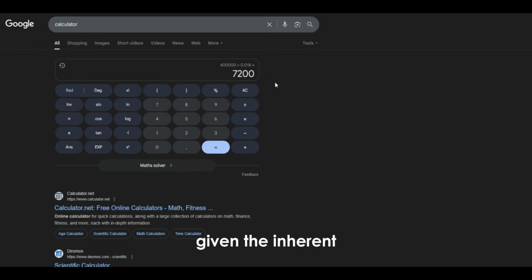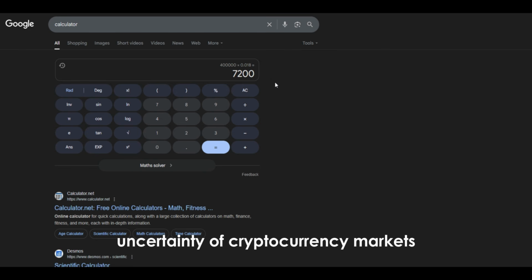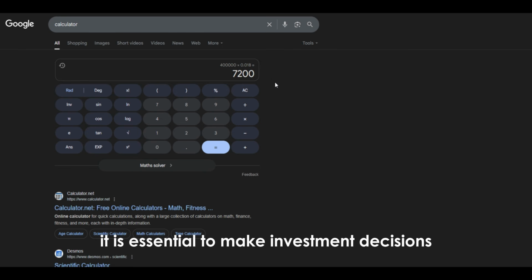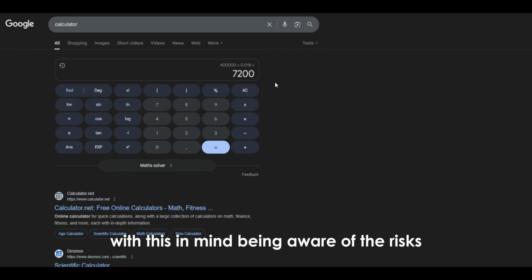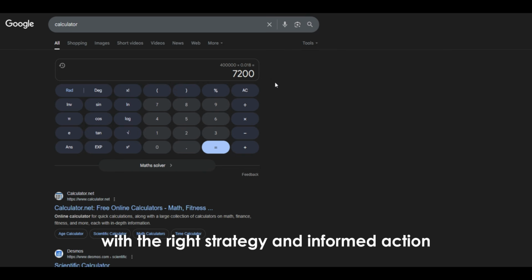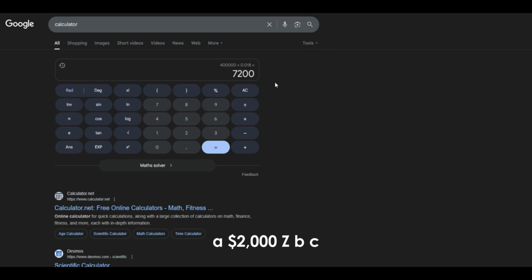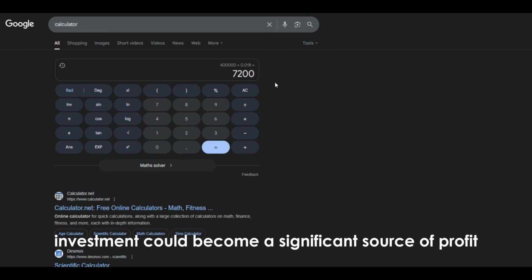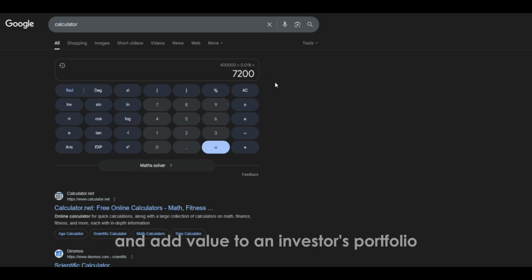However, given the inherent uncertainty of cryptocurrency markets, it is essential to make investment decisions with this in mind. Being aware of the risks, closely monitoring market movements, and remaining patient are the key requirements for success in such an investment. With the right strategy and informed action, a $2,000 Zbcn investment could become a significant source of profit and add value to an investor's portfolio.